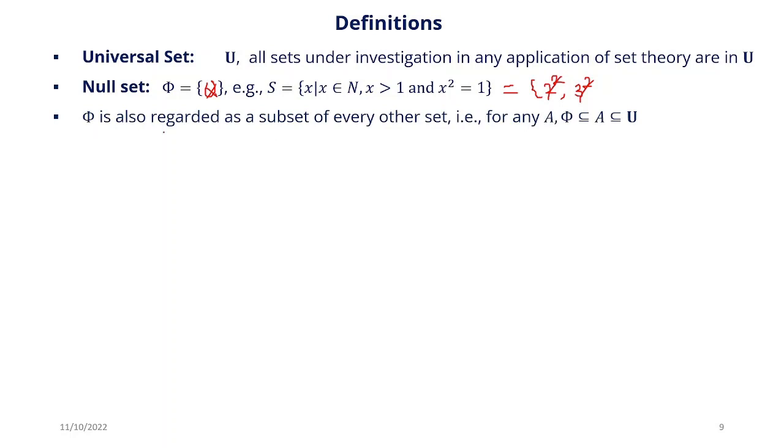So the null set is regarded as a subset of every other set, meaning that phi, which is a null set, is a subset of A, which is any other set, and A is a subset of the universal set. So if we are considering the set of flowers, for instance, there is a null flower which does not exist.